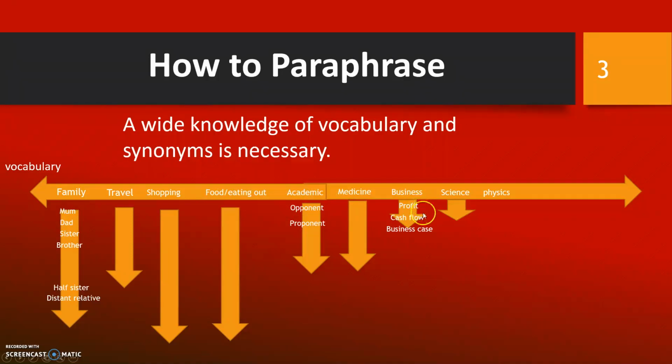Maybe if you're studying business, you know what profit is, and cash flow, and business case, but what's proposal? Okay, science and physics, maybe you don't know any of those words. So if you're studying some subjects related to science or physics, then you'll need to start working on and improving that vocabulary. Alright?